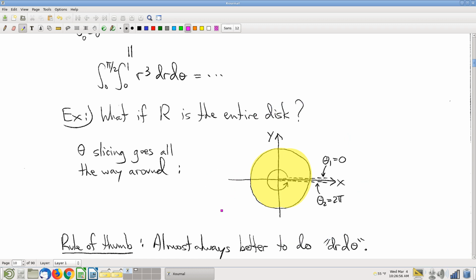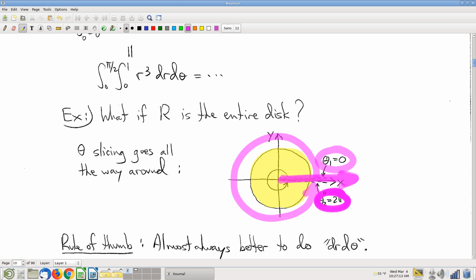What most people do, just because it seems kind of canonical, the numbers are maybe a little more convenient, it depends on the circumstance, I suppose, but most people start at theta equals 0 and then think of theta as going all the way around and then, of course, ending at 2 pi. So you don't have to, but most of the time, people do it like this. And again, we love 0. 0 is a great number. Why not take advantage of an opportunity we have to incorporate 0 into our question?